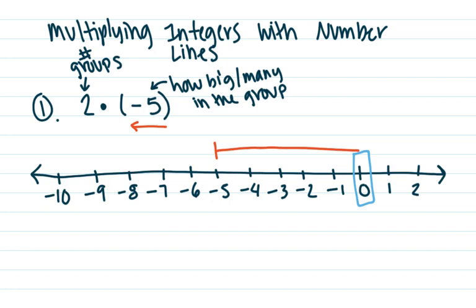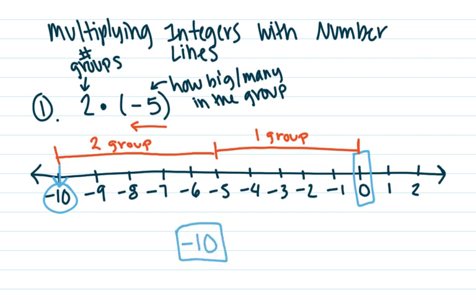So there is one group. And then a second group of negative 5. And where I end up, I look down, and that is my answer. So 2 times negative 5 is going to equal a negative 10. That is 2 groups of negative 5.